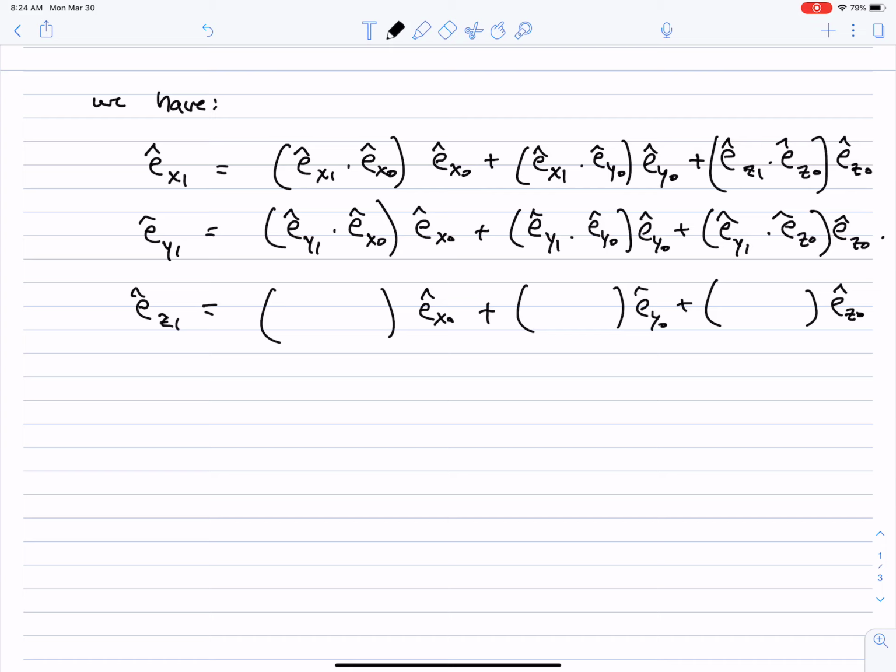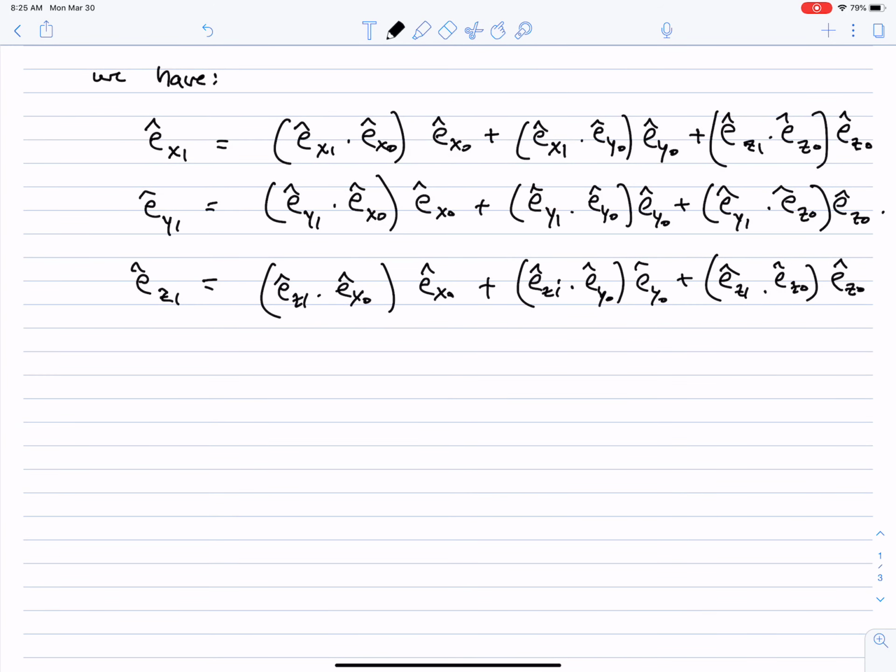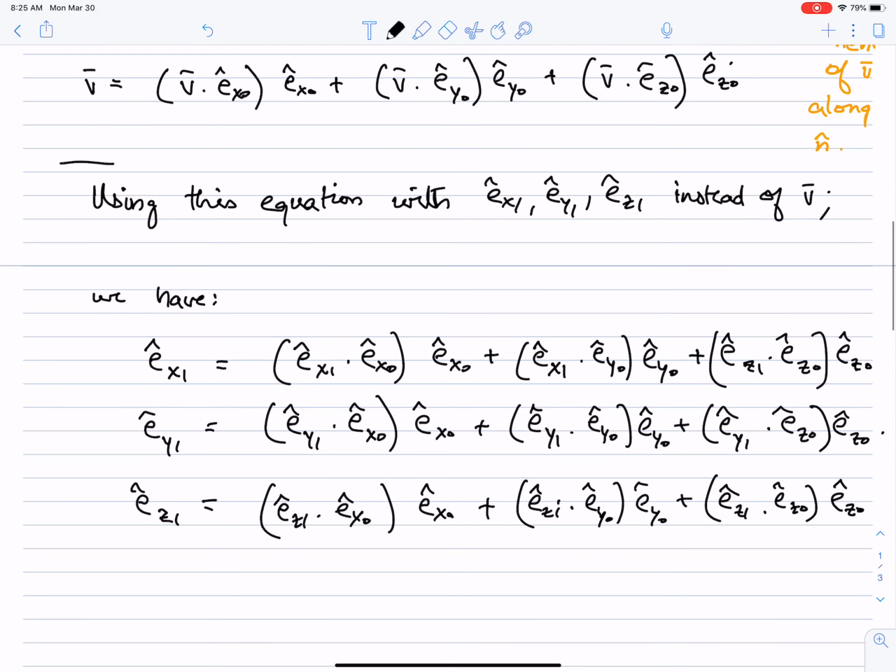The somethings are basically EZ1 dot EX naught, EZ1 dot EY naught, EZ1 dot EZ naught. Okay, so that's the relation. Those are the three relationships that we have, which is, like we said, using this relationship with EX1, EY1, EZ1 instead of v.